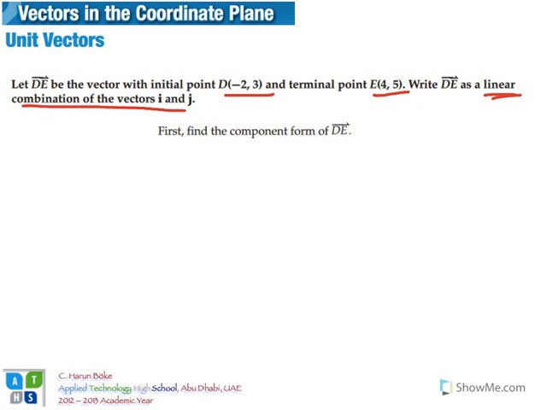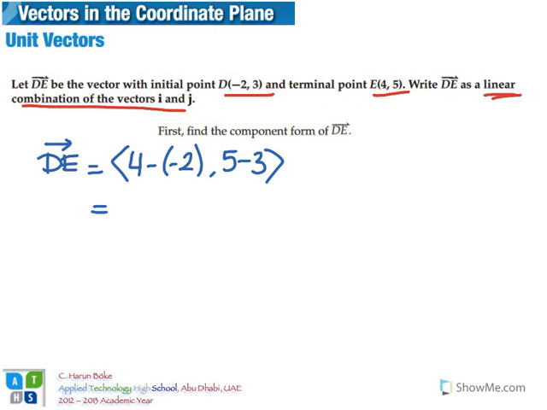To find this, we write the difference in x and y as the coordinates of the vector. So it will be, let's see, 4 plus 2, this becomes plus in here. So it is 6, and 5 minus 3 is 2.